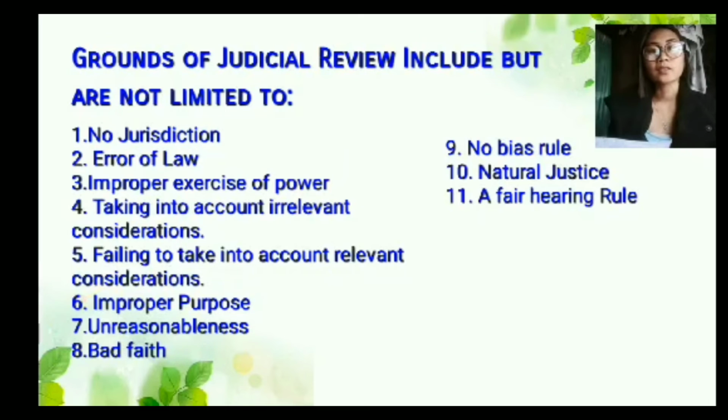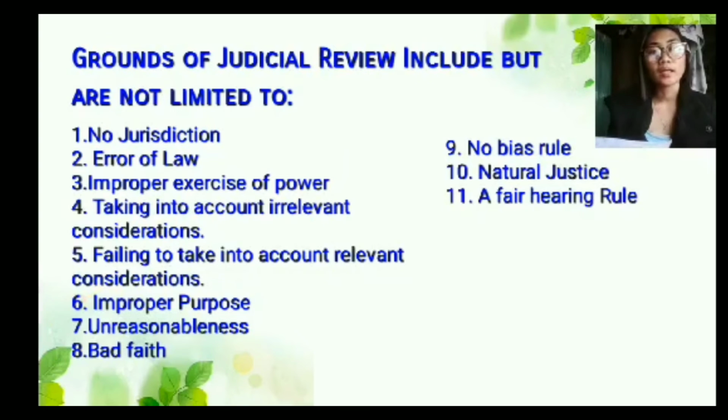Next is unreasonableness. This is a decision so tainted that no other reasonable decision maker would have reached it. Next is bad faith. Bad faith is where a decision is affected by corruption, bribery, dishonesty, or similar malpractice.